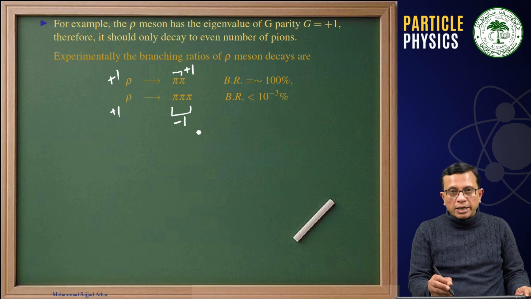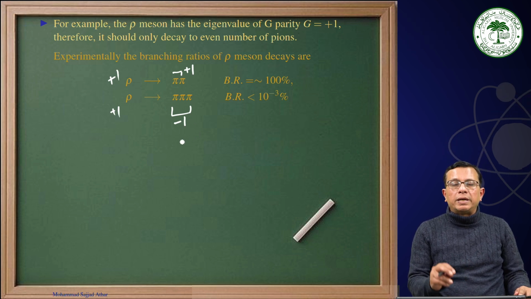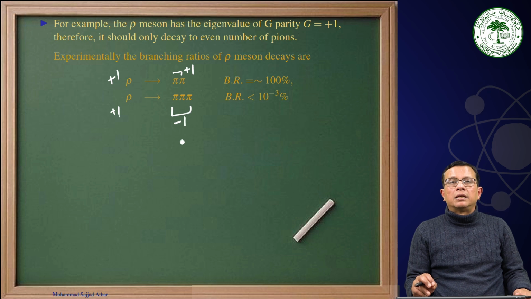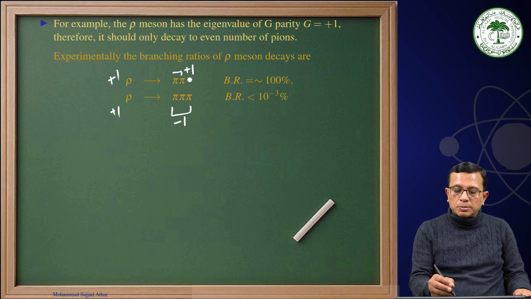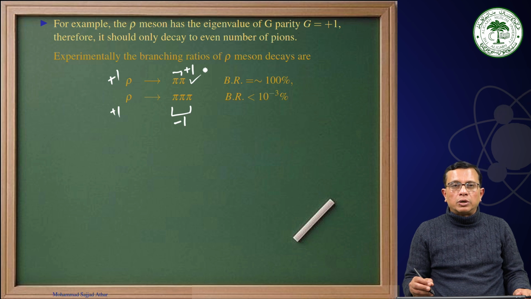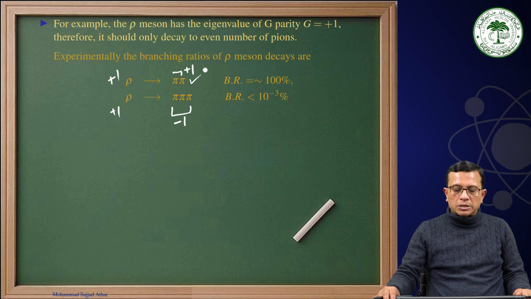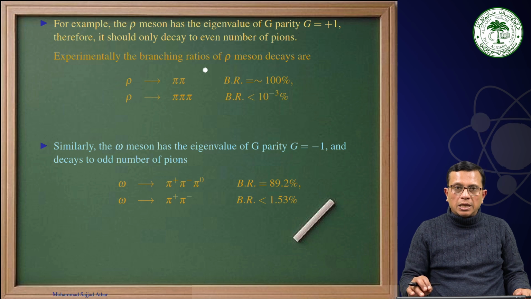Therefore, this would violate G parity, while G parity is conserved in strong interactions. Therefore, we observe in nature rho decaying into 2 pions; rho decaying to 3 pions has not been observed.